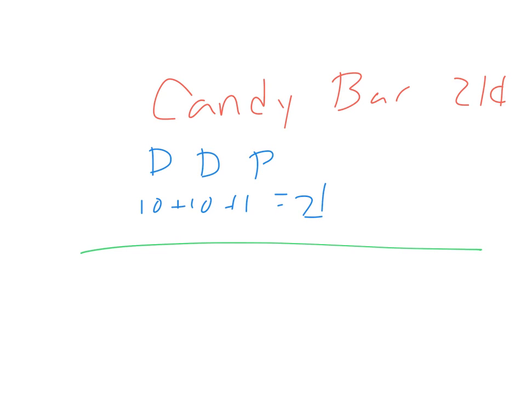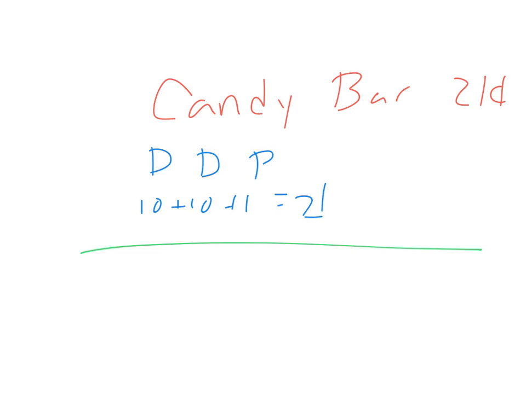So I would have to think, well, I could do a dime and a dime and a penny, because 10 plus 10 plus 1 equals 21. And there's no other way I can make this even smaller in my money unit. There's no 20-cent piece, there's no 15-cent piece, so I've used the smallest amount of coins possible here.